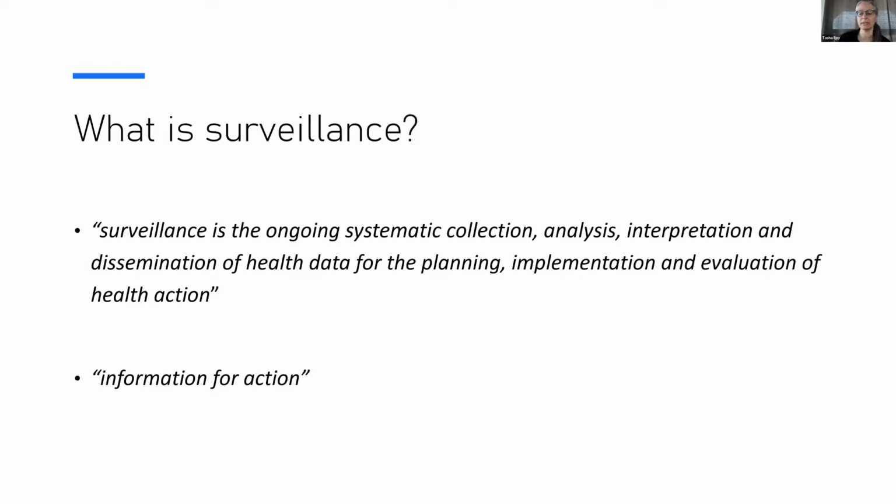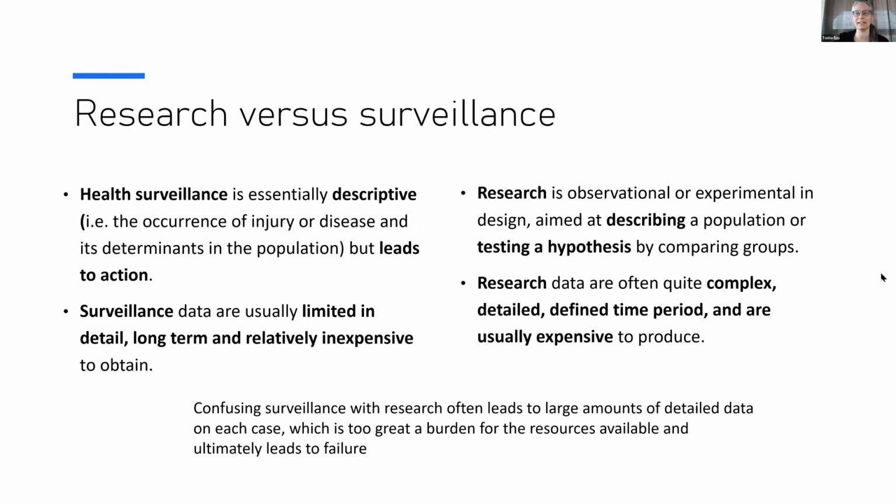And so when I'm talking to students about what is surveillance, one of the things that I like to put forward is that there is a distinction between what surveillance is and what research is. So we have to keep that in mind.